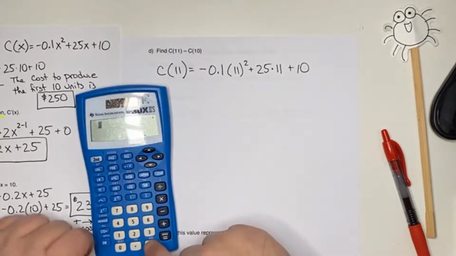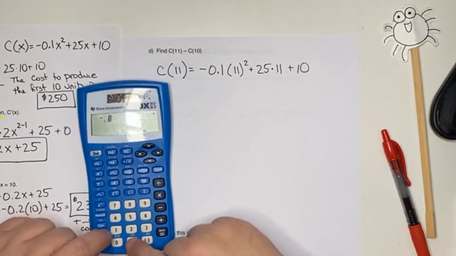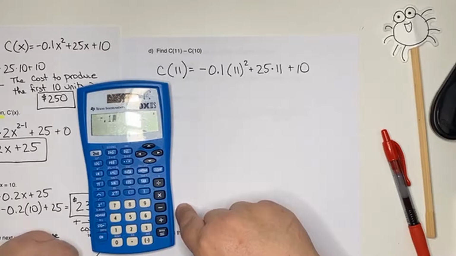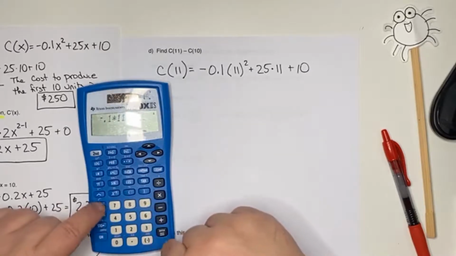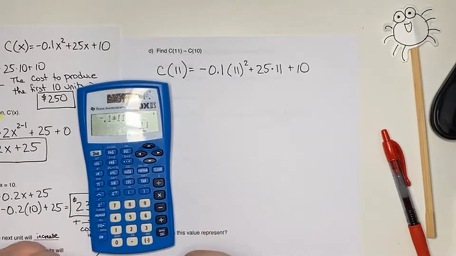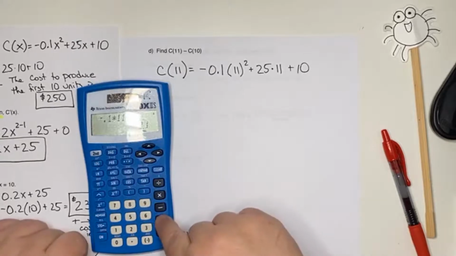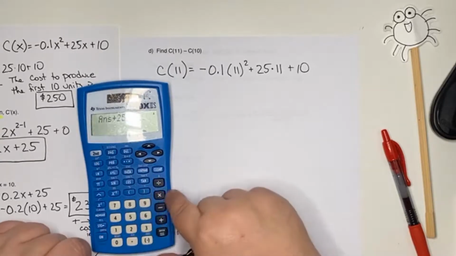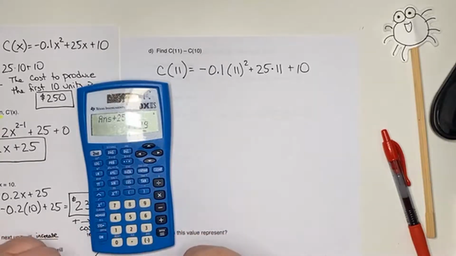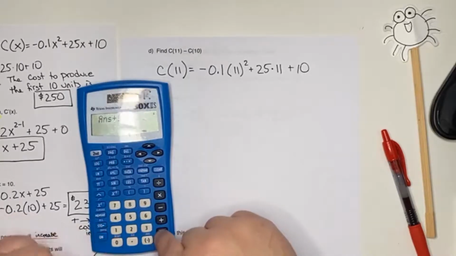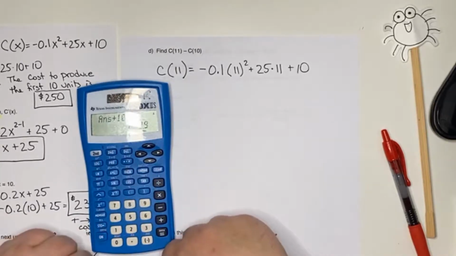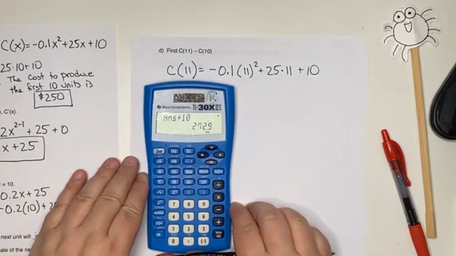Let me double check. Negative 0.1 times 11 squared is negative 12.1 plus 25 times 11 plus 10. There we go. I didn't do it correctly. Sorry, and you can't see it.